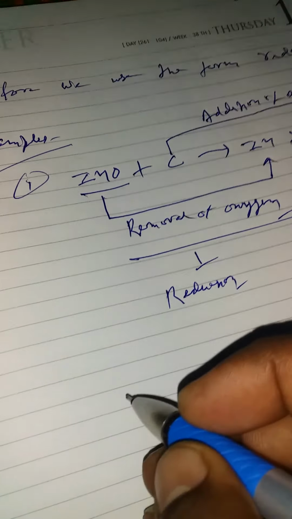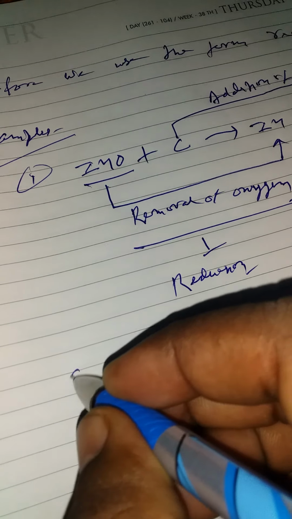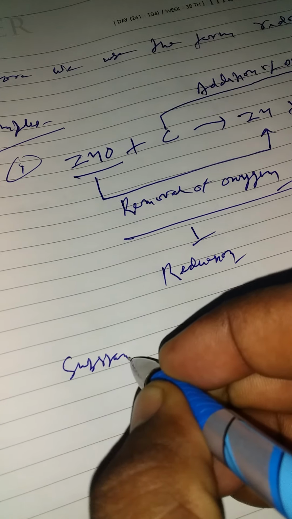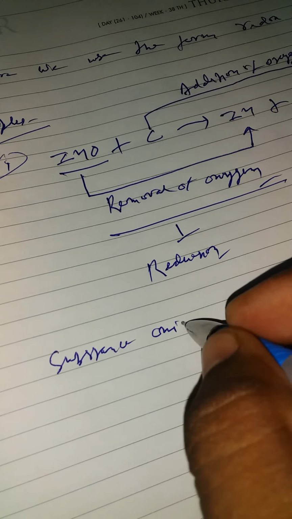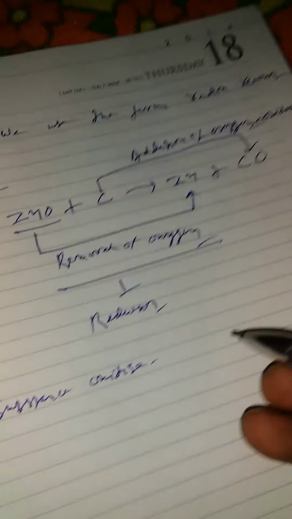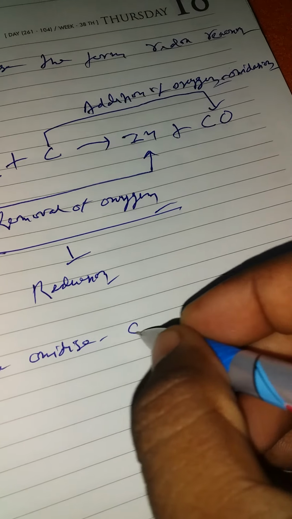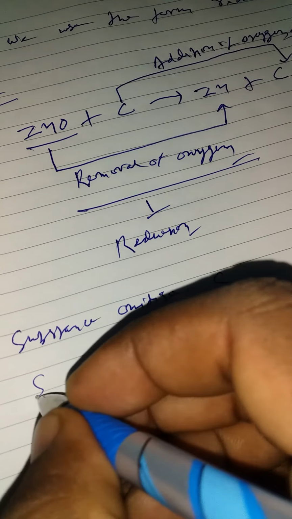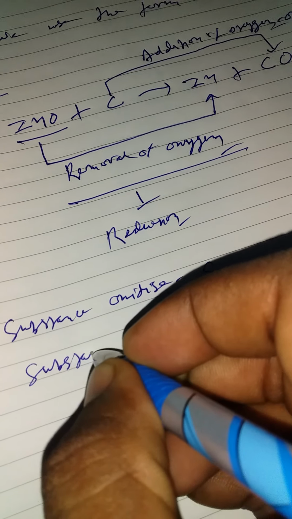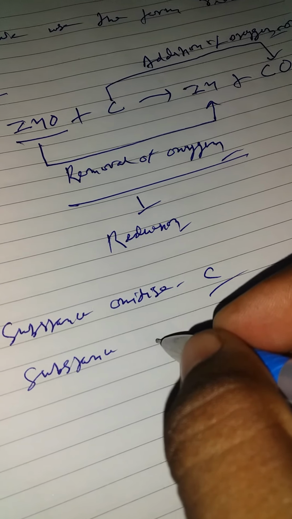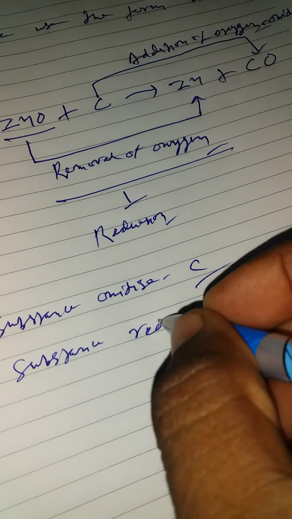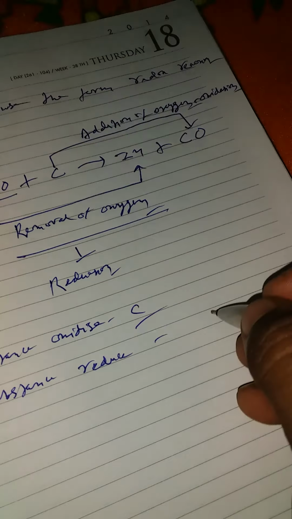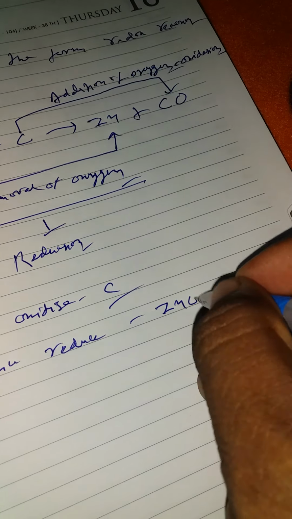So the substance oxidized is C, and the substance reduced is zinc oxide.